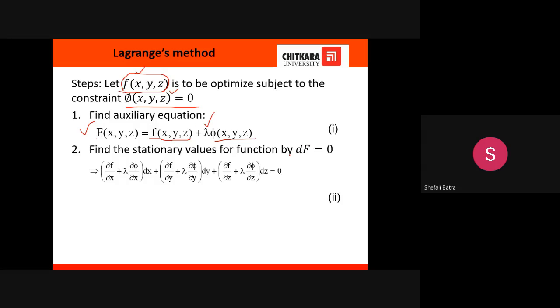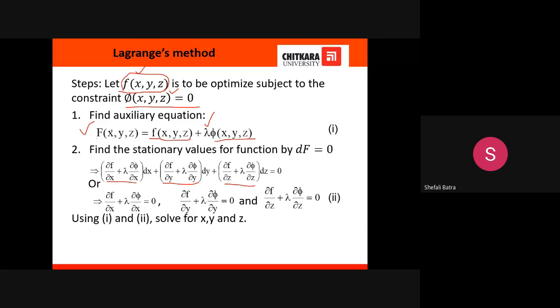dF means the total differential: derivative of F with respect to x into dx, plus derivative with respect to y into dy, plus derivative with respect to z into dz, that is equal to 0. And from here, you'll be writing this is equal to 0, this is equal to 0, and this is equal to 0.